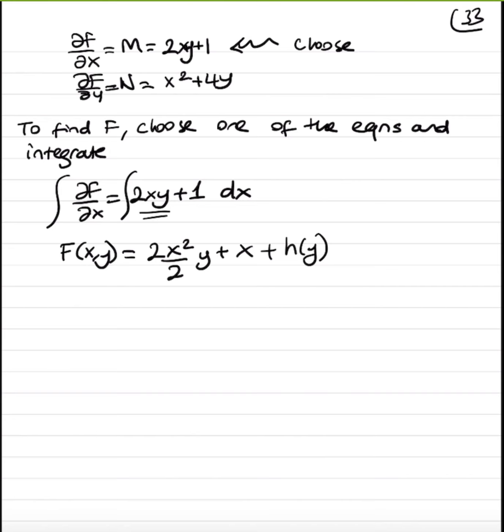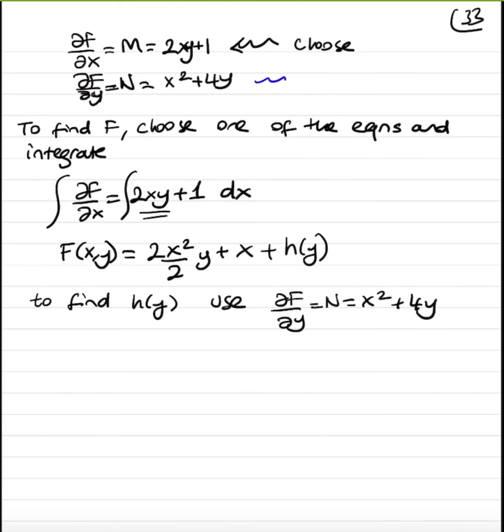And now how will we find h of y? We will use this equation: to find h of y, use ∂f/∂y equal to N. So we know f is equal to this one, then we take the derivative of f with respect to y.